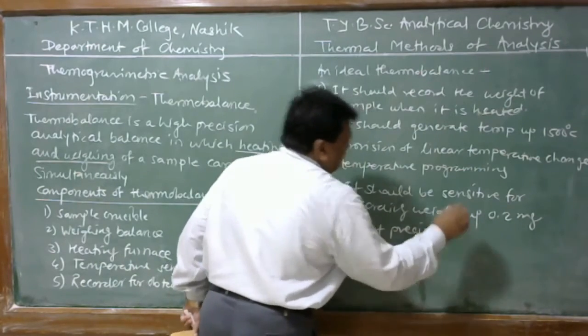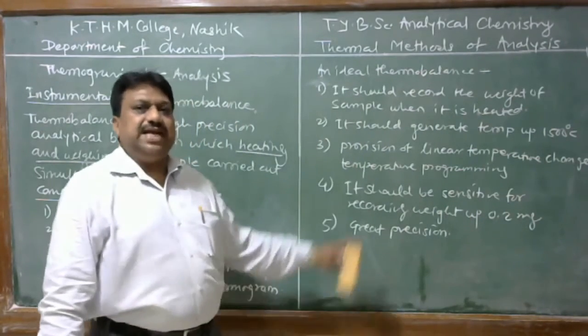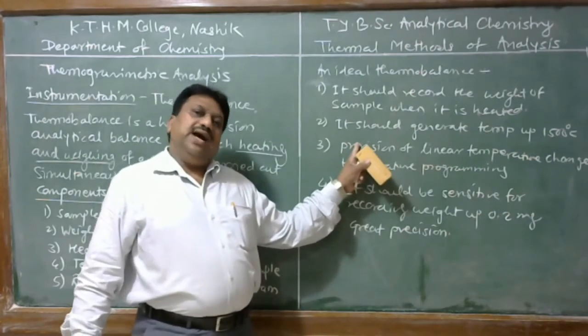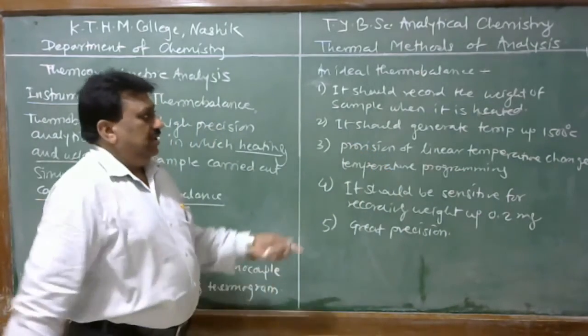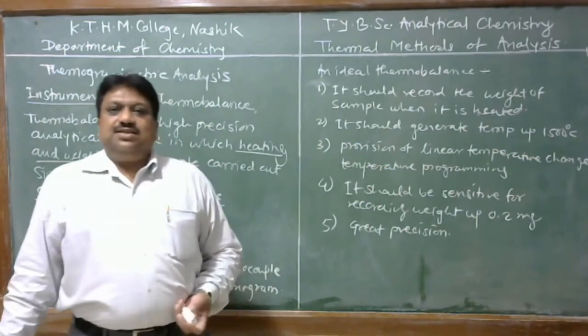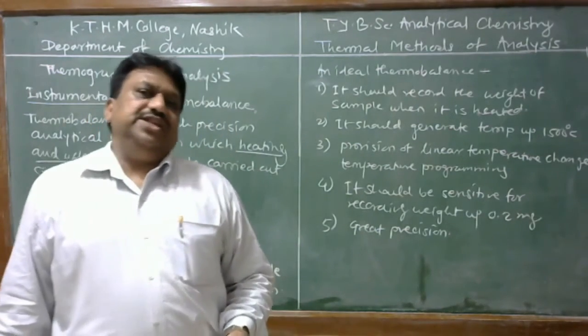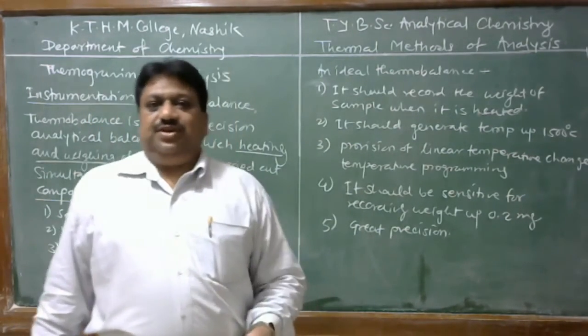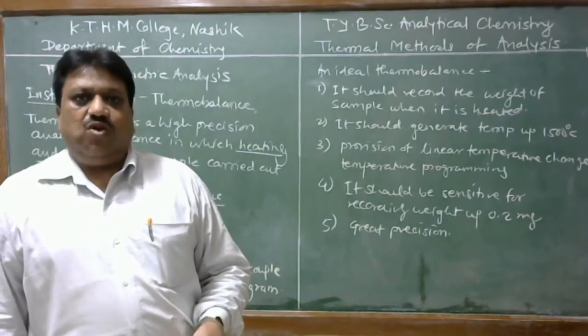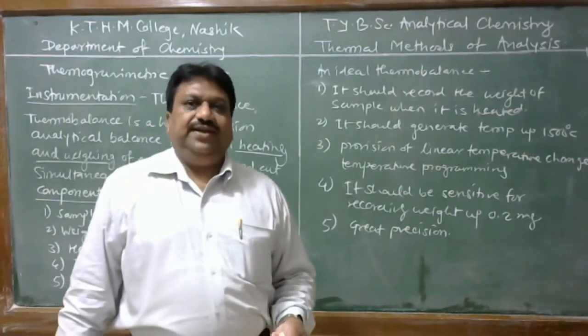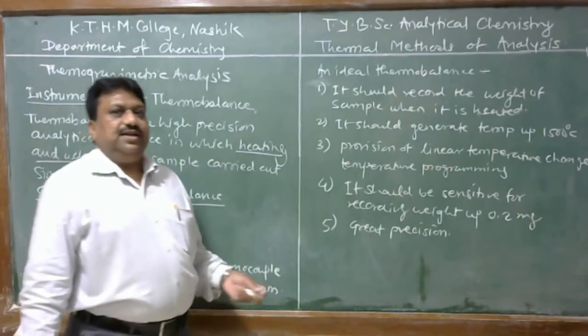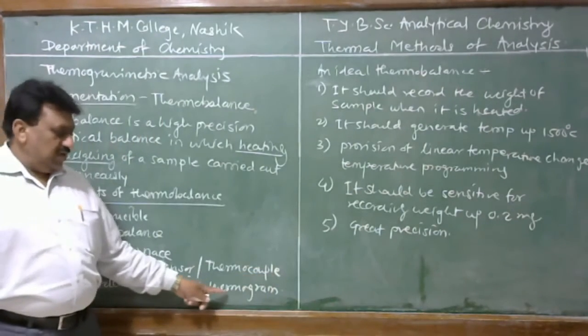These requirements must be satisfied by any ideal thermobalance. Thermobalance is an apparatus in which heating and weighing of the sample is carried out. Change in temperature and loss in weight of the substance is recorded, and here it is recorded in the form of a thermogram.